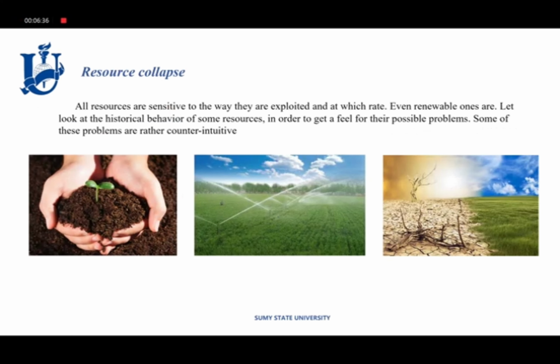Resources are sensitive to the way they are exploited and at which rate, even renewable ones. Let's look at the historical behavior of some resources in order to get a feel for their possible problems. Some of those problems are rather counterintuitive.